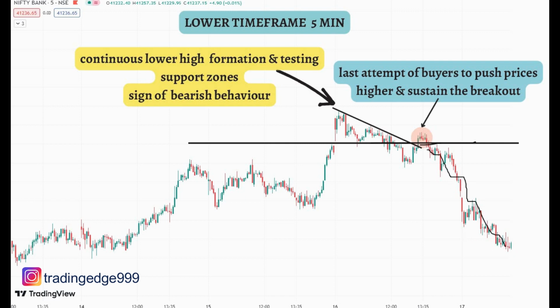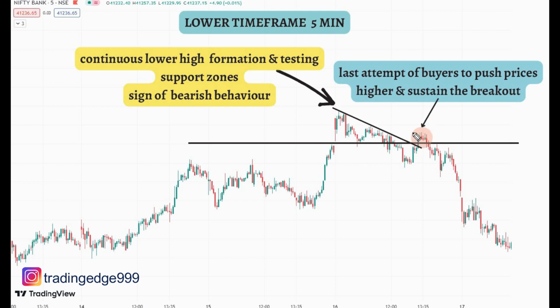So we will enter short here, stop loss here, and see the huge downside momentum after that. Why will we enter short here? Because on this particular intraday time frame, prices are continuously forming lower high formation. This was the last try of the bulls after the structural breakout of this trend line resistance.